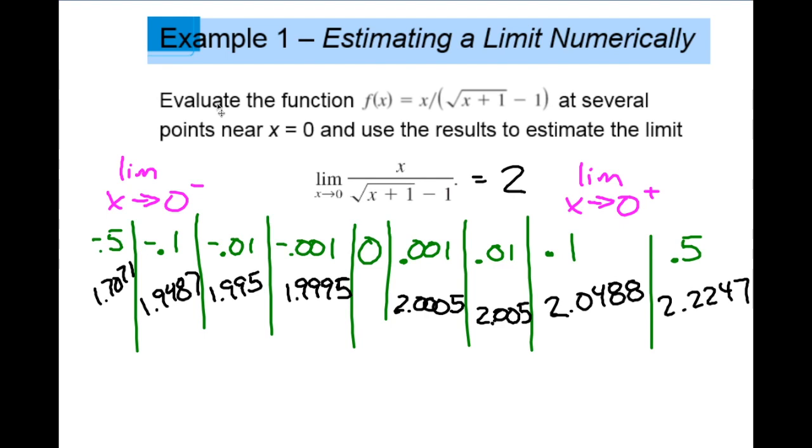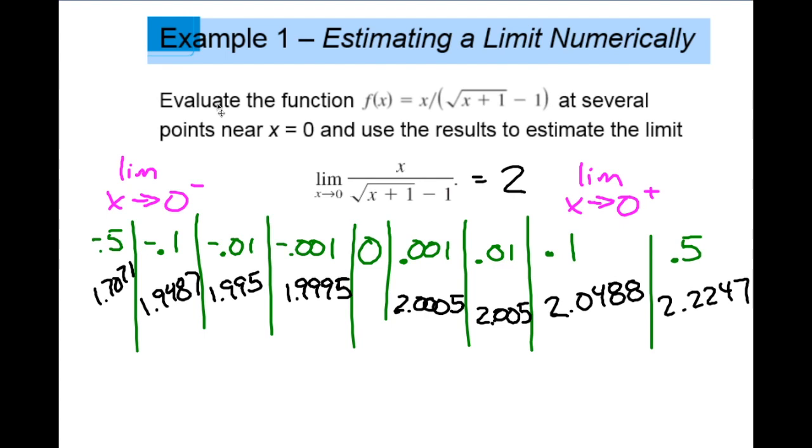But as you can see, using our estimating, as we get closer and closer to 0 from the left side, this is where our notation comes in: the limit of our function as x approaches 0 from the left side, we say the numbers that are less than 0 and use that negative exponent.